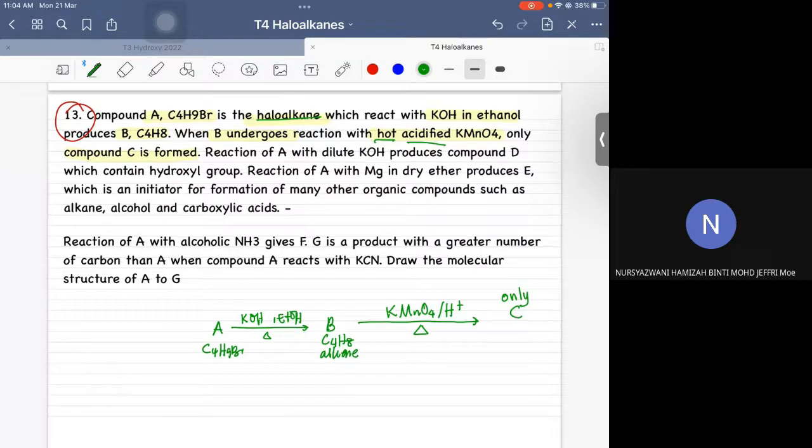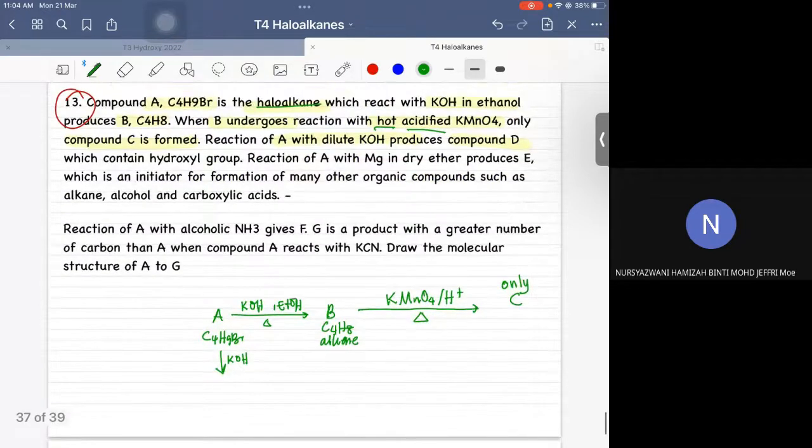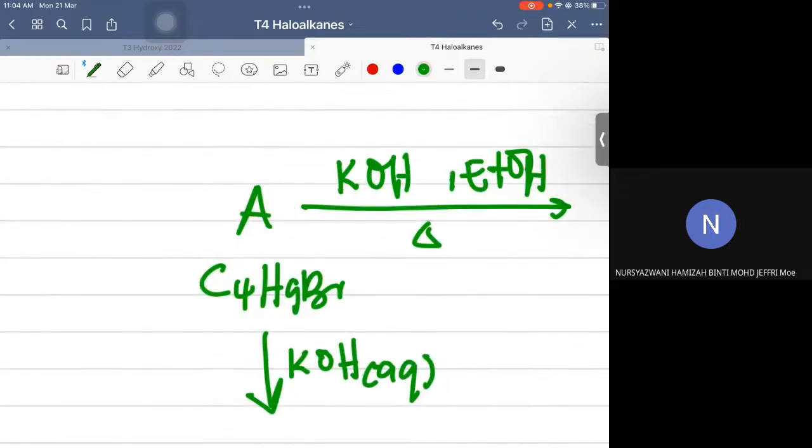Reaction of A with KOH dilute produce compound D. So A react dengan KOH dilute. Maksudnya aqueous lah. Dilute means more water. That means KOH kita boleh pecahkan kepada K plus dan OH minus.